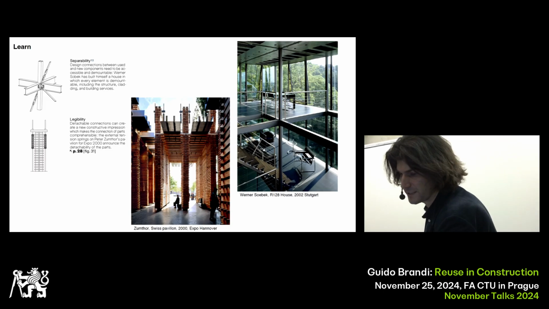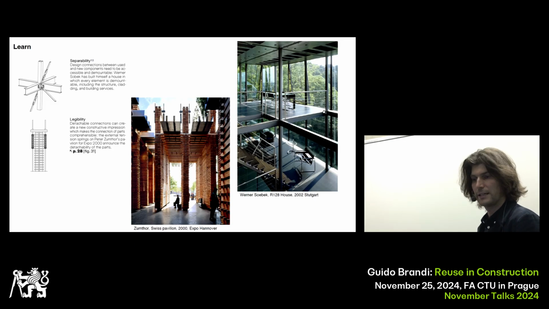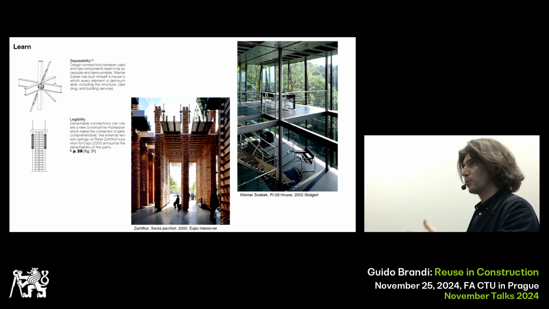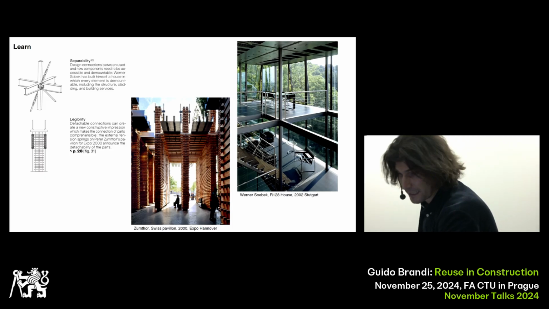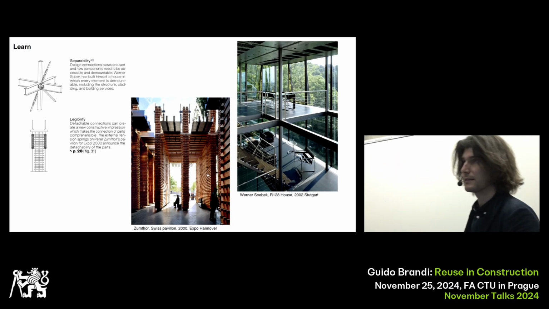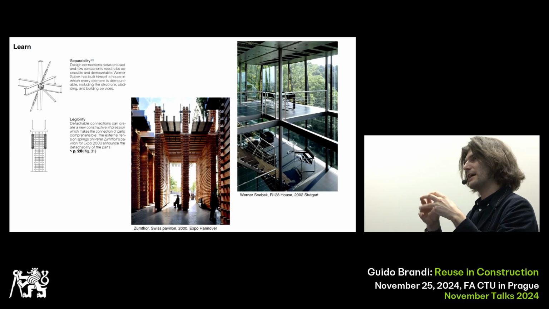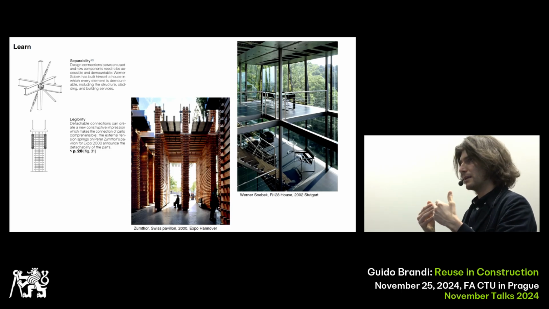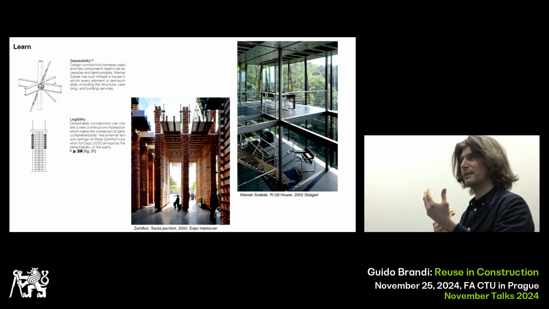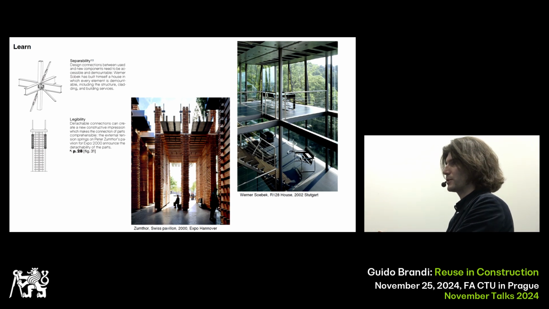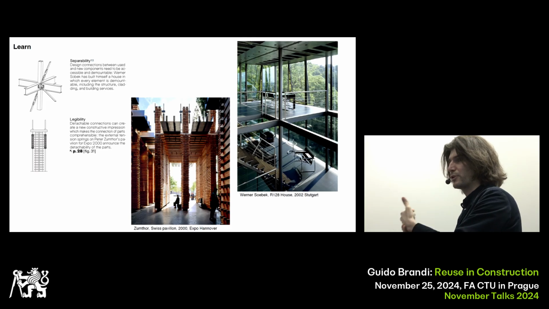A good example is the house from Werner Sobeck in Stuttgart, where everything is steel elements, all screwed and not welded, for example. But at the same time, the idea of legibility. So those systems, when they come together, have to be readable. You have to understand why a material is used for which kind of purpose.